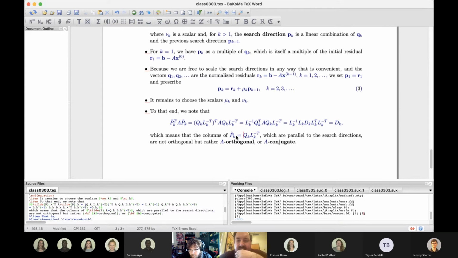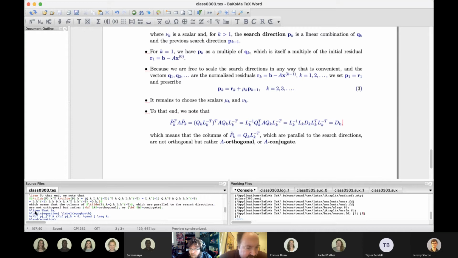What does that tell us? Because this matrix is diagonal, if it weren't for the A here, I'd actually conclude that the columns of pk tilde were orthogonal. But we have this A in here, so I cannot say that. What I can say is they are orthogonal in a different sense. They are A-orthogonal, also known as conjugate.